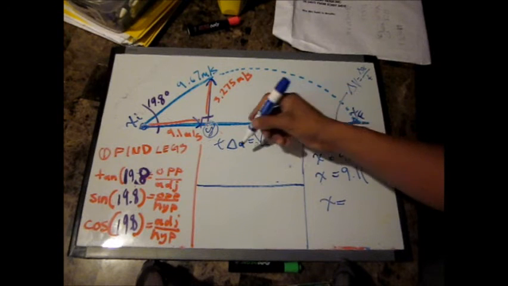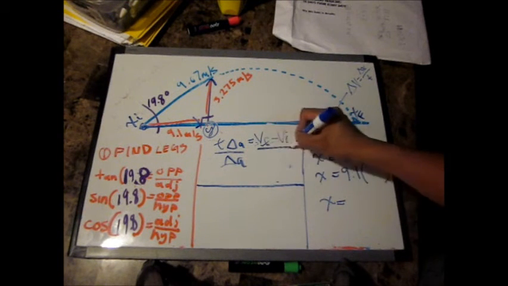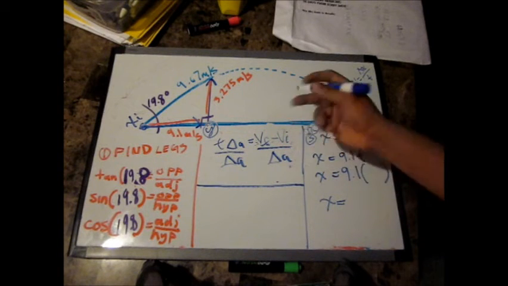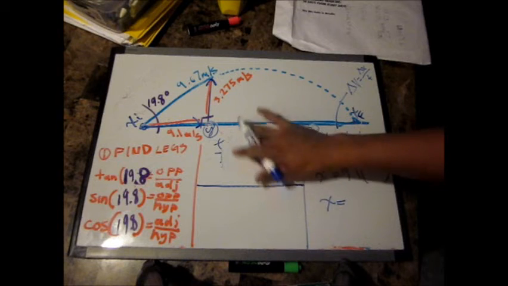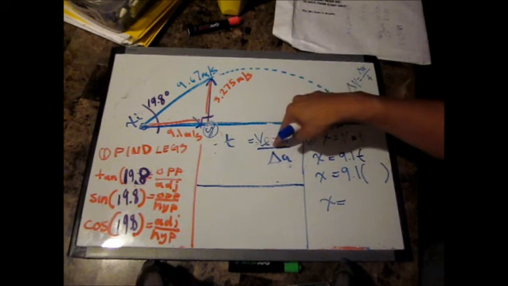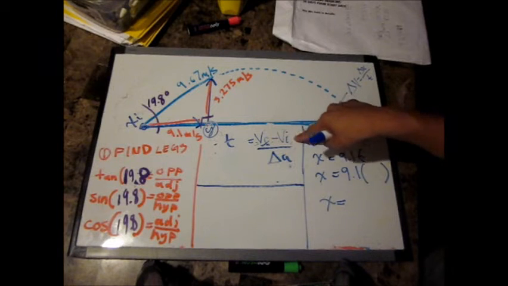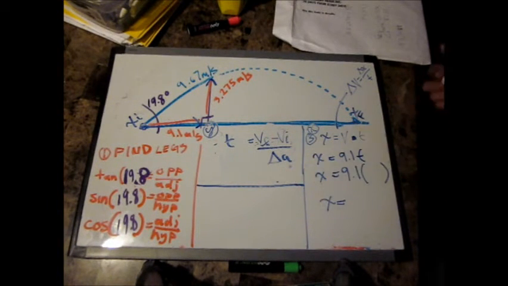So let's go ahead and rearrange it one more time. We divide by delta A, and these two cancel out. So we end up getting time equals our final velocity minus our initial velocity divided by delta A. Now, here's the tricky part.